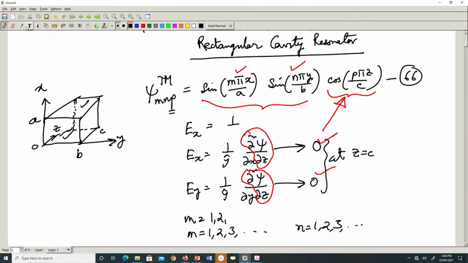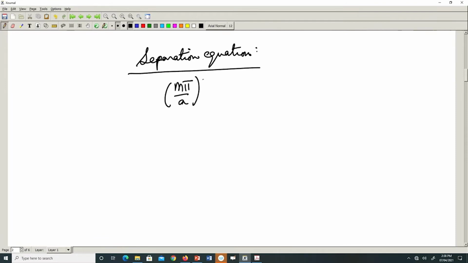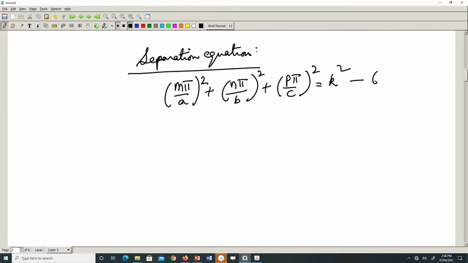And we have the separation equation as (m pi by a) whole square plus (n pi by b) whole square plus (p pi by c) whole square equal to k square. Let us call this equation 67.